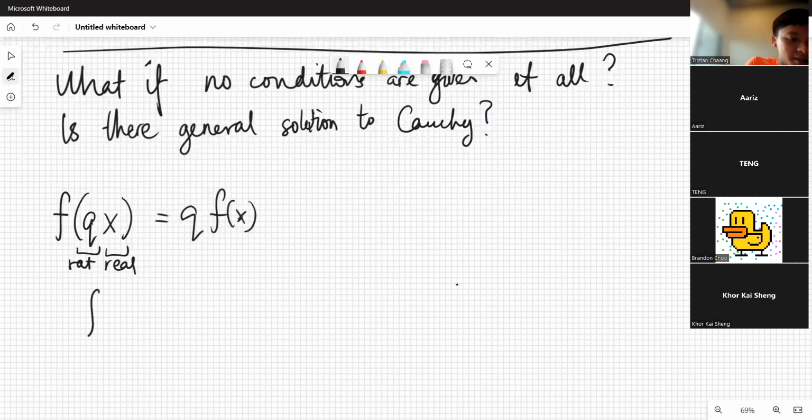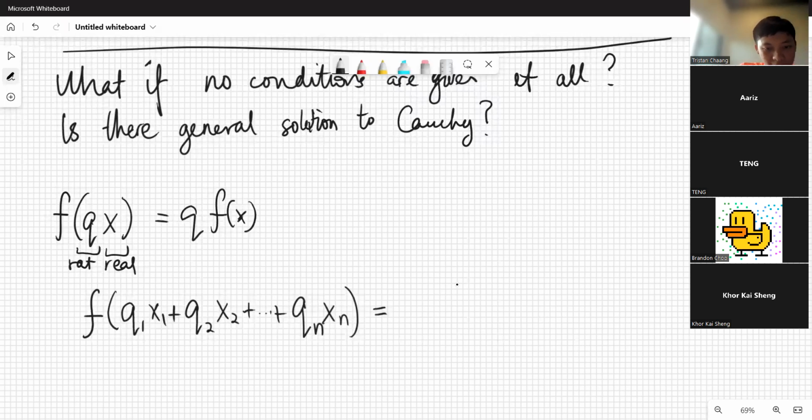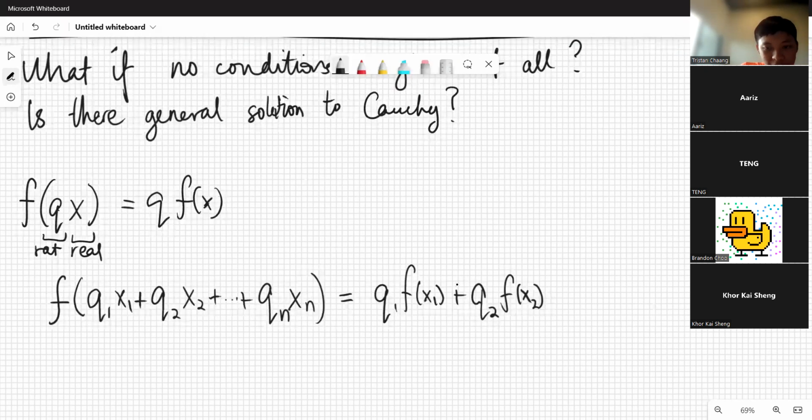So that means given any linear combination with rational coefficients, well, finite linear combination, we can just split it into q1 f(x1) plus q2 f(x2), and so on.